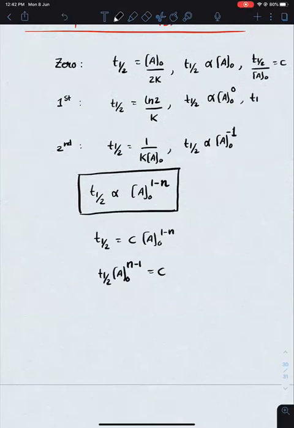In this case t half itself is constant. In this case t half into a naught is a constant, right?